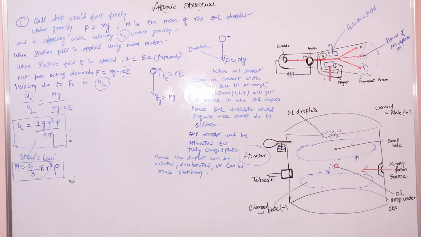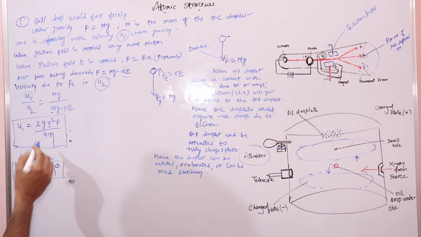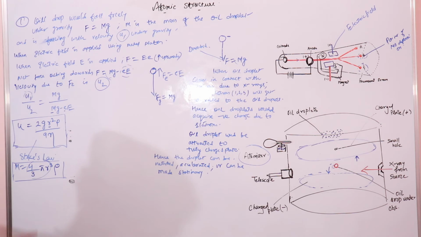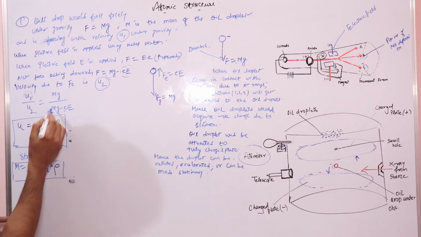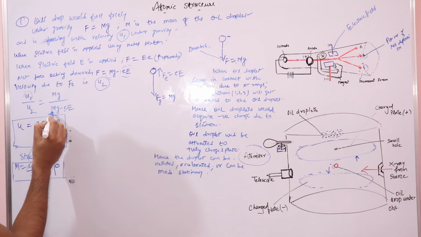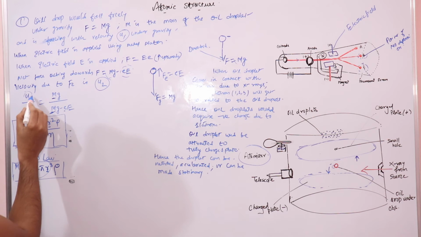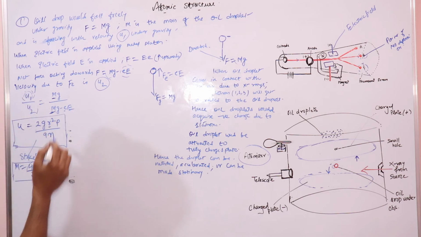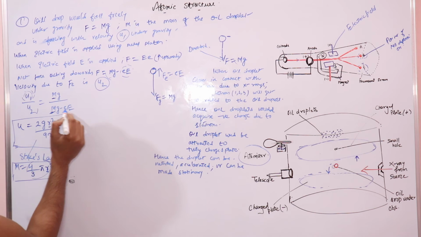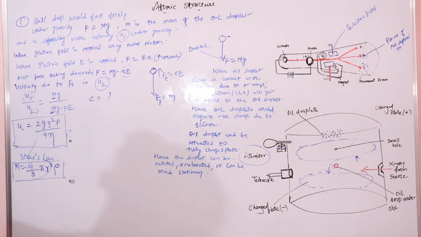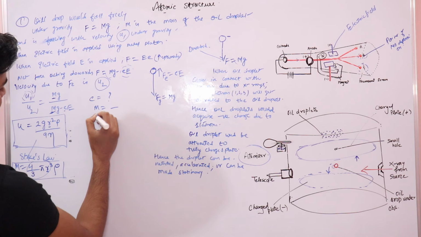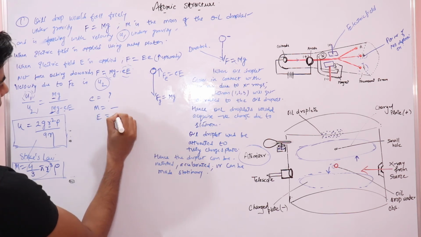The radius r is determined with the help of equation 5. From this Stokes' law, we can find the radius of the droplet and put the value of the radius here. Once we know the radius, we get the mass. Once you know the mass of the oil droplet and velocities u1 and u2, you can find the charge e, along with the electric field.